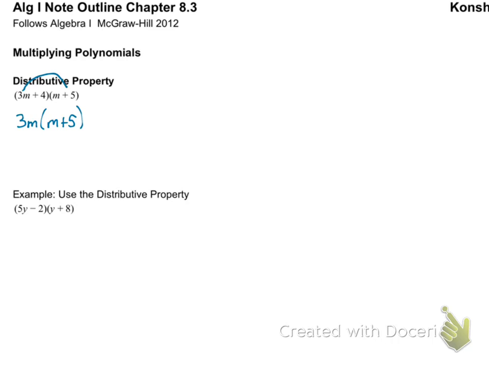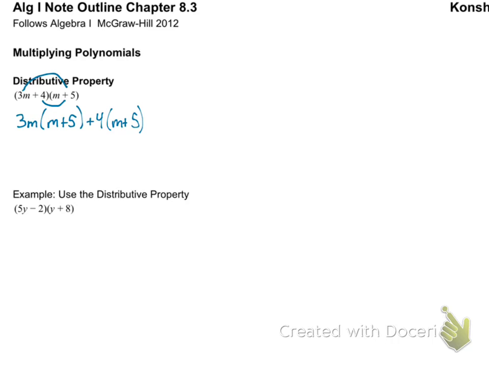I then can go back and say I'm going to do the same thing with the second term. So it's plus 4 times m plus 5. Can everybody see that I just basically took every term in the first group and distributed it to the second group? Doesn't that problem look a lot like what you guys just did yesterday?